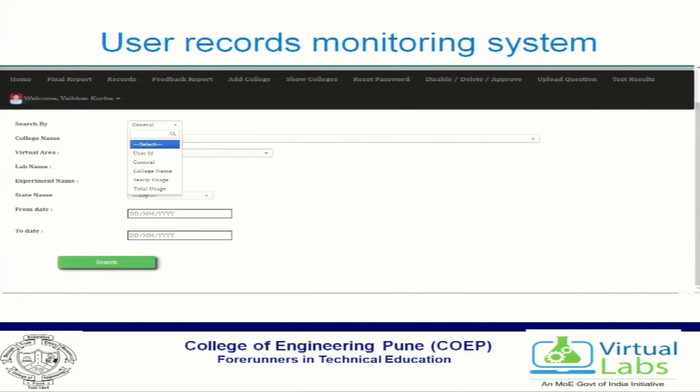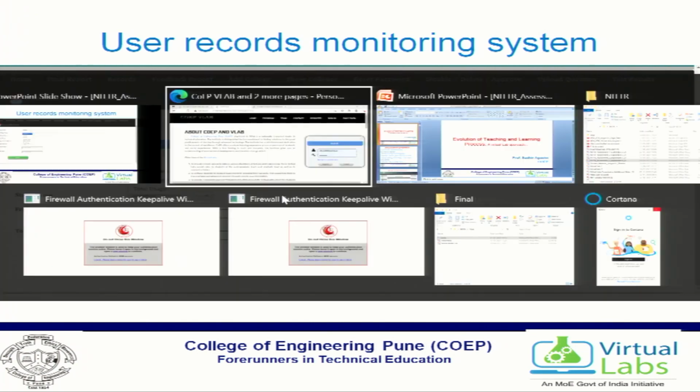Here is the procedure available, which makes sure that whatever the student is doing is getting tracked. After this, you can monitor the records by student, by yearly usage, total usage, and so forth. Now, what I am going to do is start the demonstration of the laboratory.